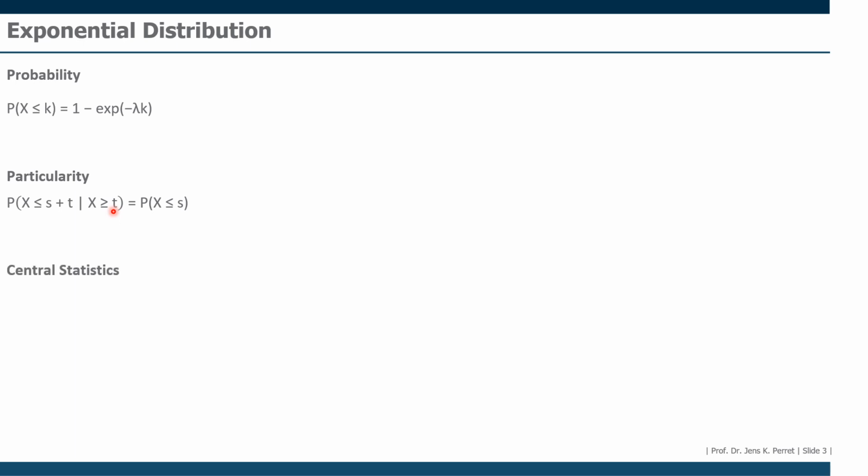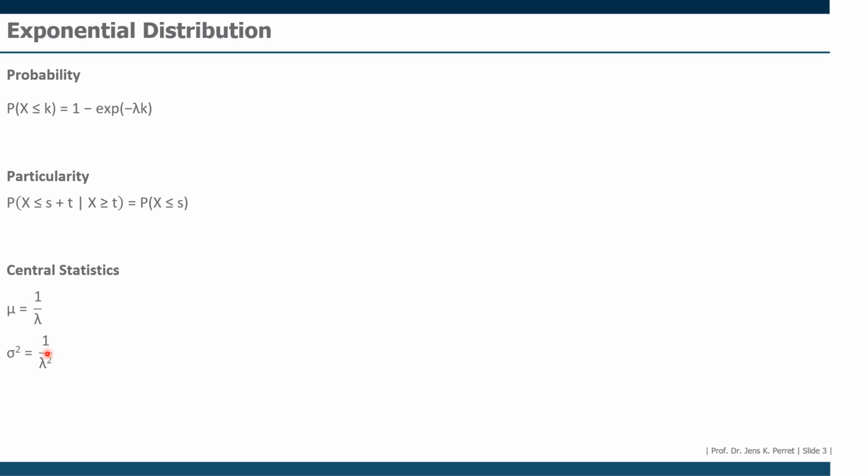And as I said, we have some central statistics, being the arithmetic mean of the distribution and the variance, which are closely related to the parameter lambda. Here we have the average as 1 divided by lambda and the variance as 1 divided by lambda squared. Or in other words, the standard deviation being 1 divided by lambda.